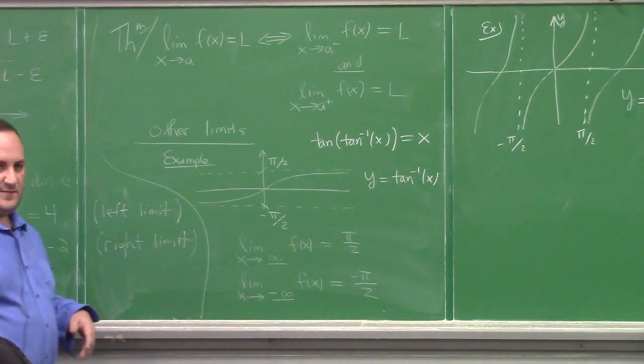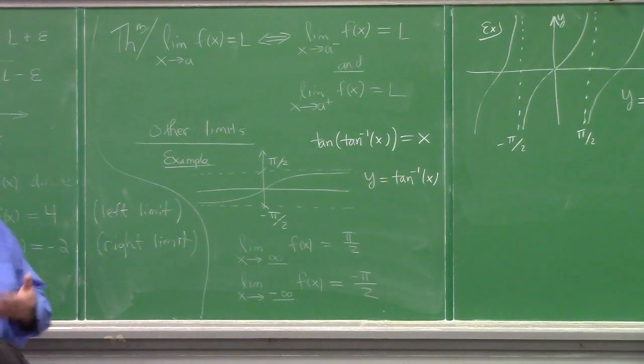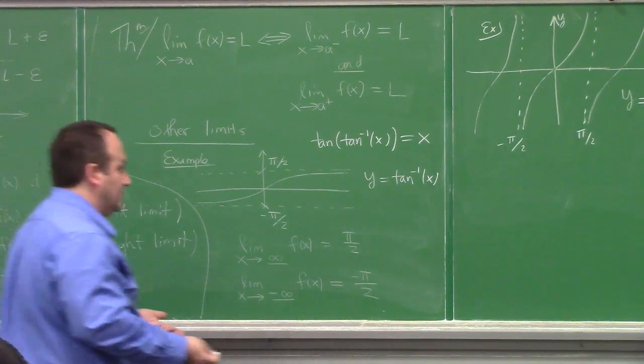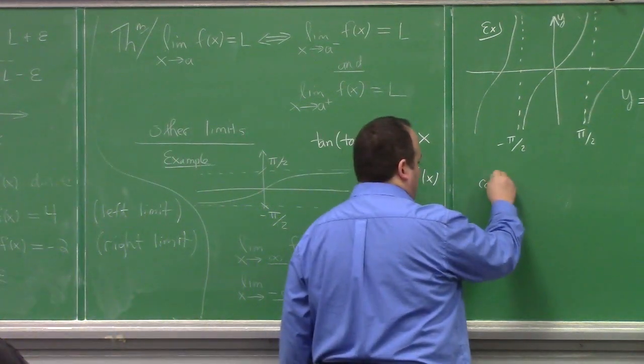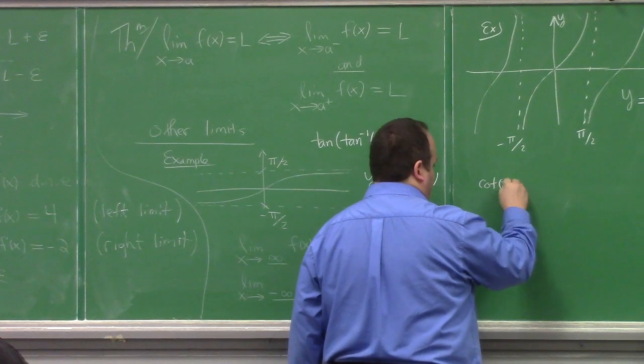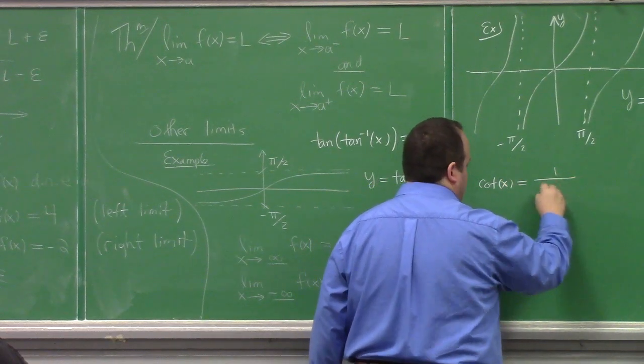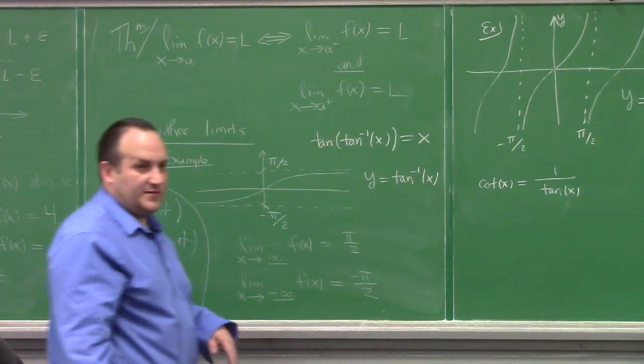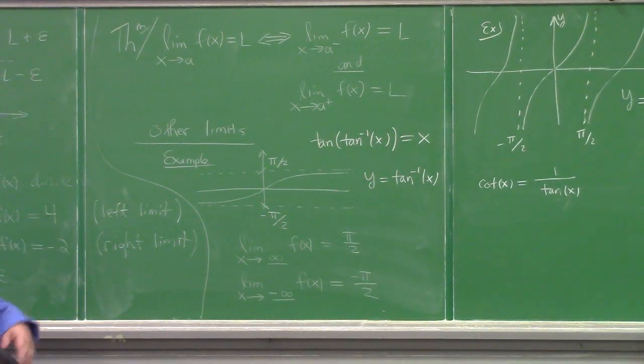That's what inverse tangent means. It's the inverse with respect to function composition. In contrast, cotangent is 1 over tangent x, so that's a different animal altogether. It's the multiplicative inverse of tangent, very different from the function inverse of tangent.